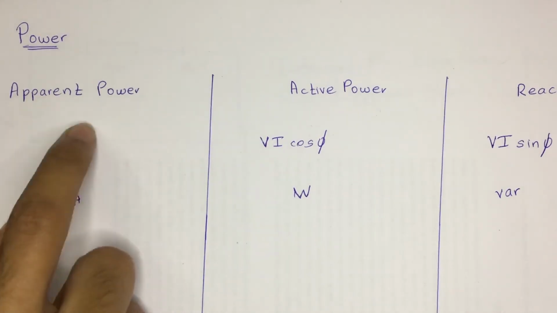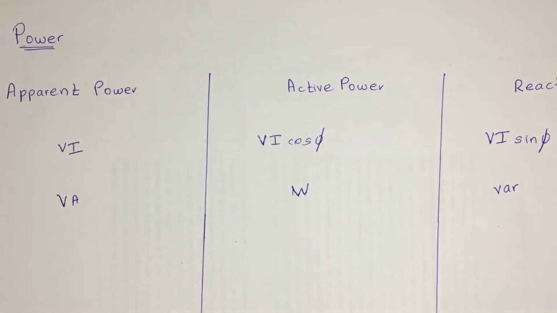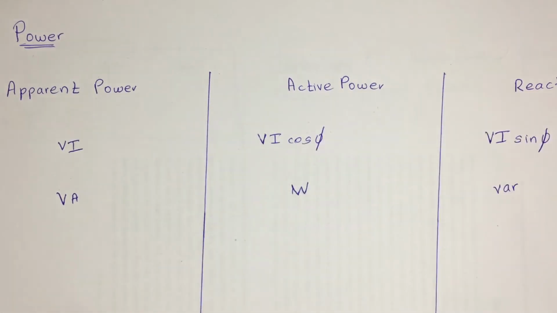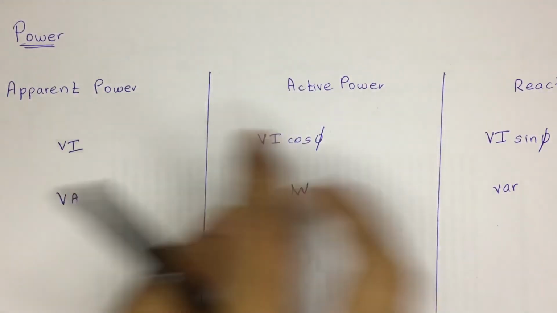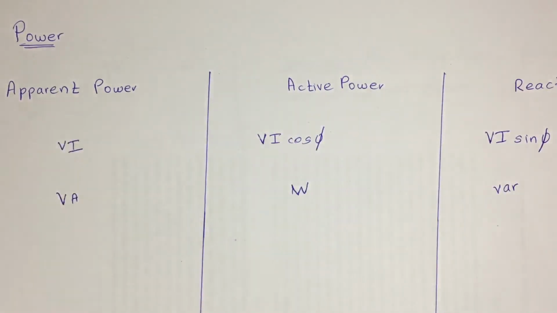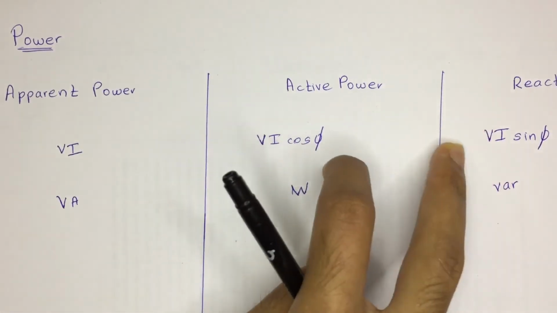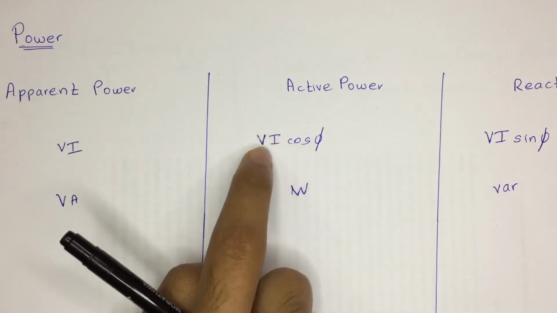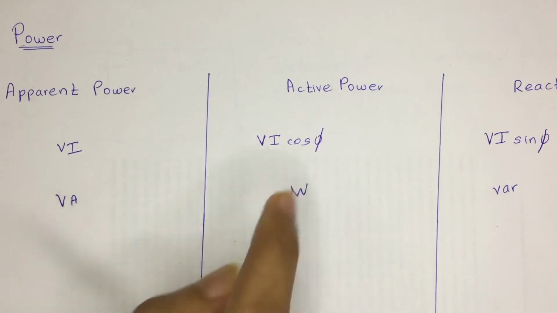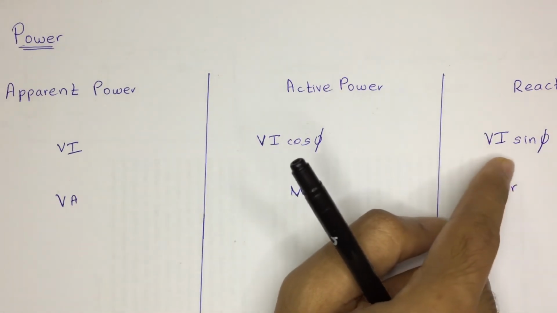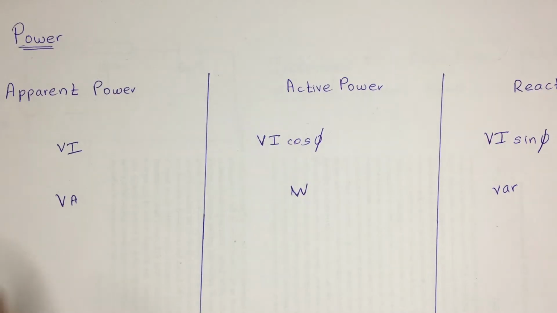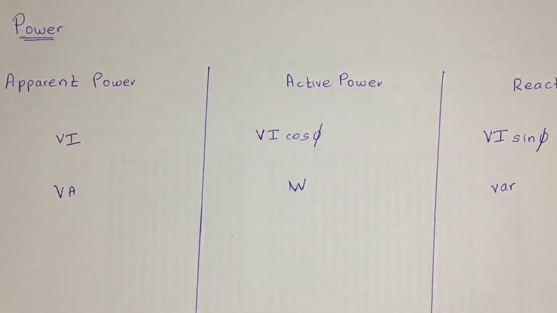And the total power, the apparent power, would be Vi, which simply means, actually we knew that if there is a power called Vi cos phi and Vi sin phi, when we are considering these two powers, when we are going to add these two, we need to square them up, and if we add these two, we are going to get V squared I squared cos squared phi plus V squared I squared sin squared phi. If we add them, we are going to get V squared I squared. If we get the root value, it's going to return this value, Vi.